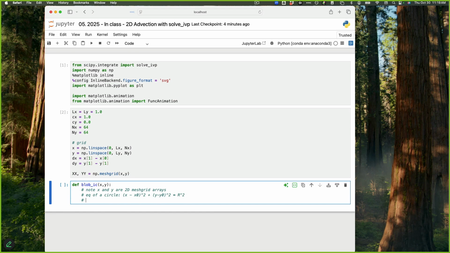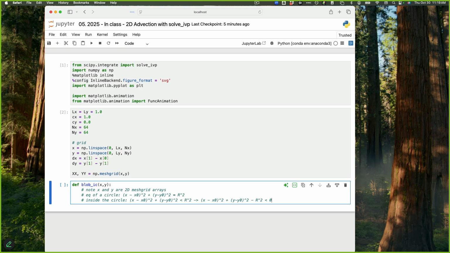Does this make sense? So inside the circle, x minus x0 squared plus y minus y0 squared minus r squared is less than 0.